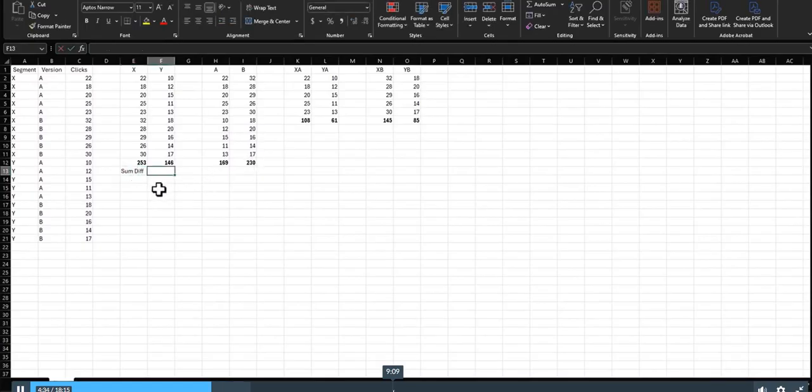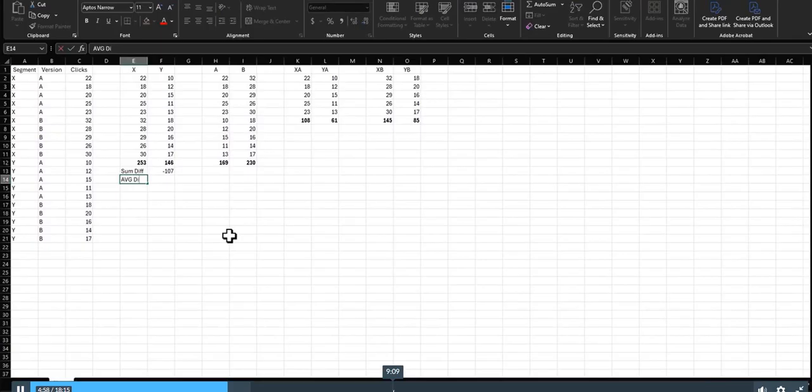So for the sum, difference of sums, that's going to equal Y minus X, and that gives us negative 107. That tells us that there is a difference of 107 between Y and X. We're also going to do average difference.